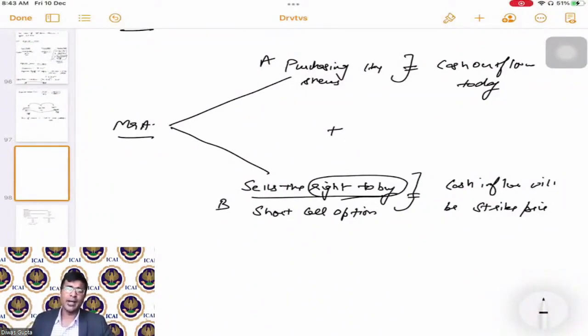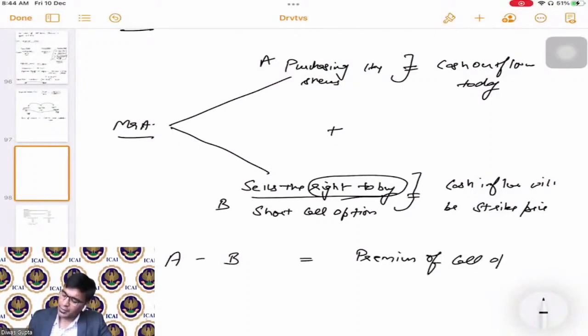If he sells the right to buy, so on a future date, he will get the money in the form of strike price. That is the cash inflow. So the minimum premium expected by Mr. A would be nothing but the cash outflow minus cash inflow. Very easy, very simple. A minus B. This is the premium of call option.